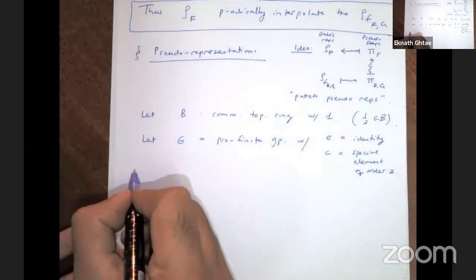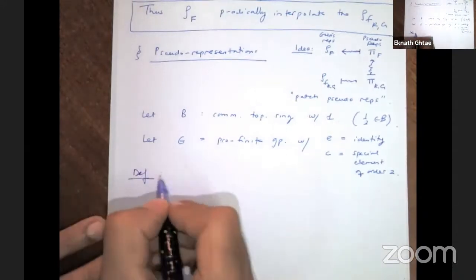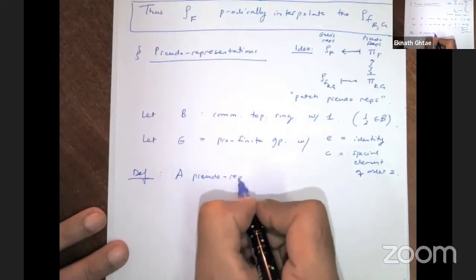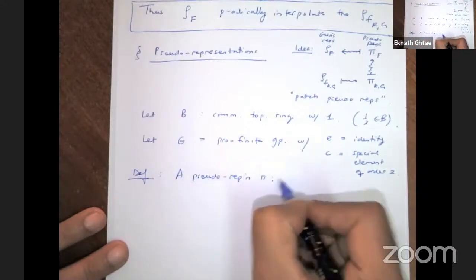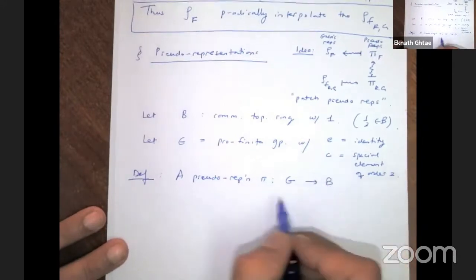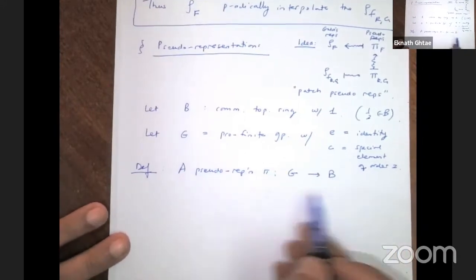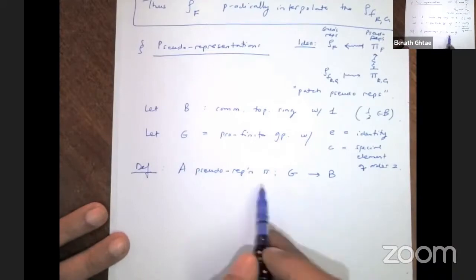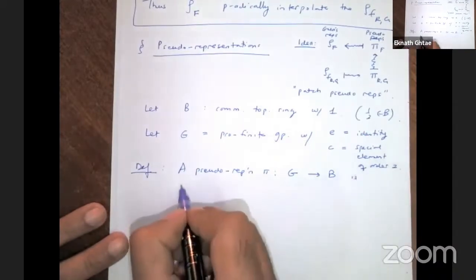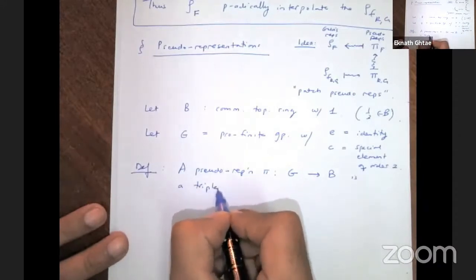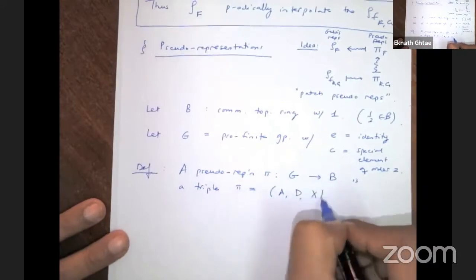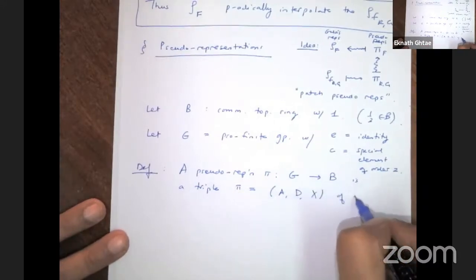The definition: a pseudo representation pi from G to B. This is the notation. You write it this way, but this doesn't mean anything. It's not a homomorphism or anything. It's just a notation. It is formally a triple of functions, capital A, capital D, capital X, of continuous maps.